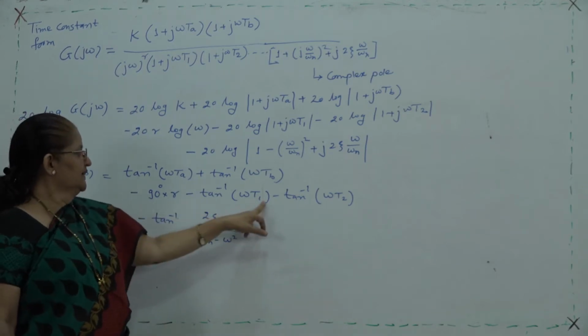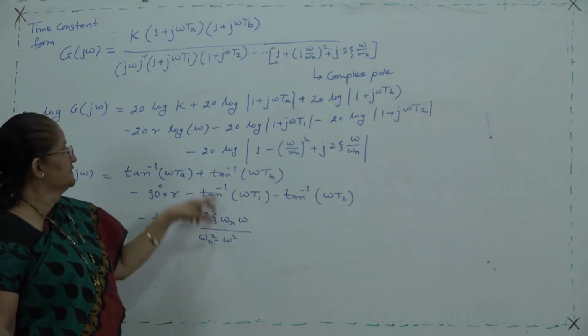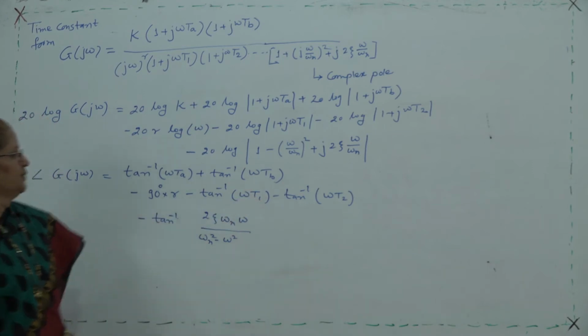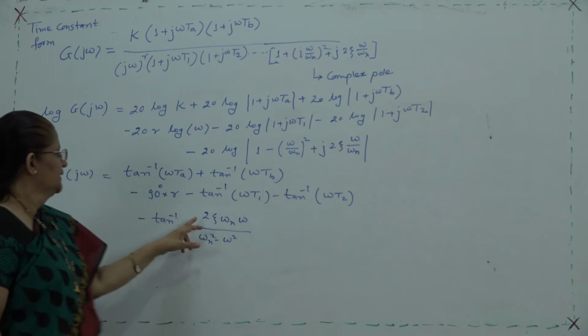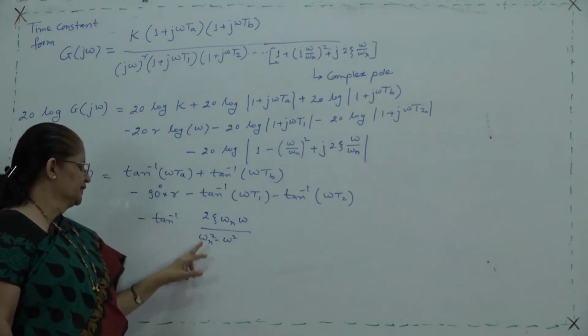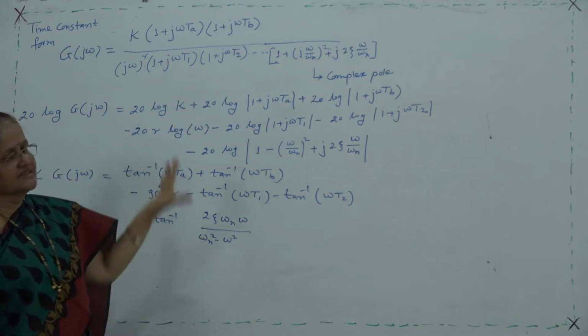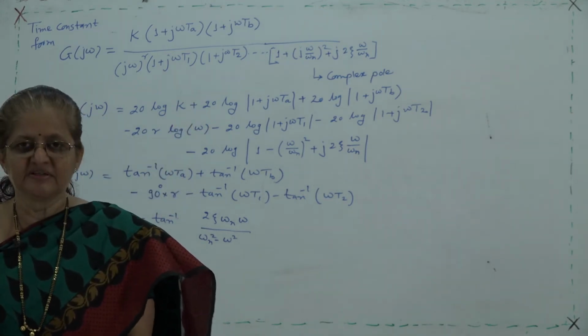Then for the 1 plus j omega T 1 we get minus tan inverse, because this term is at the denominator. For the complex term, imaginary term upon real term, after simplification we can write it like this. Otherwise, just write whatever is the value or initially whatever is given.